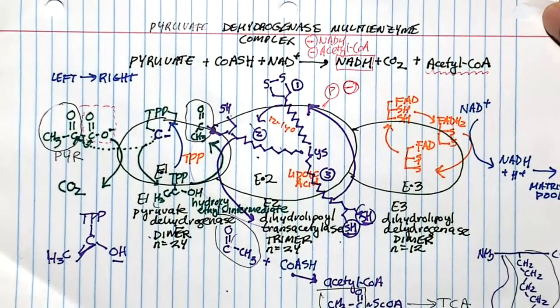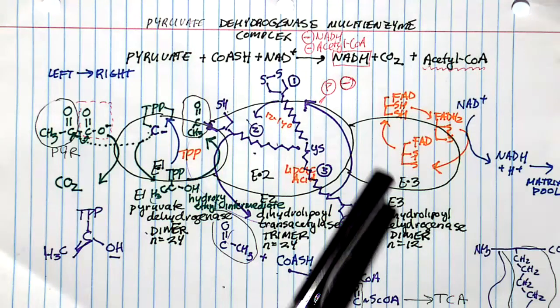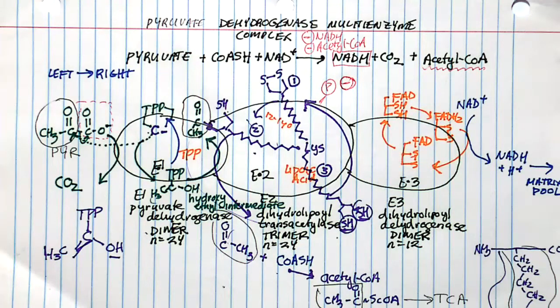All right, so the pyruvate dehydrogenase multienzyme complex. Make sure you're comfortable with this. Make sure you're comfortable with the mechanism. Make sure you know about this tether, this swinging action mediated by E2, and know its importance because, as we said before, very complicated mechanism, very interesting mechanism, but it is the gateway to the TCA cycle.